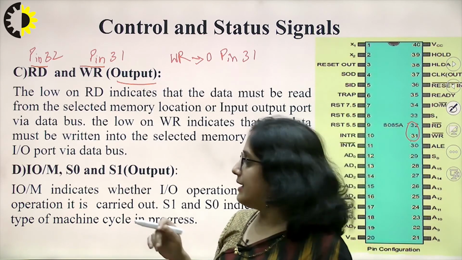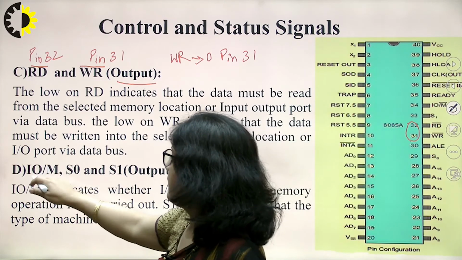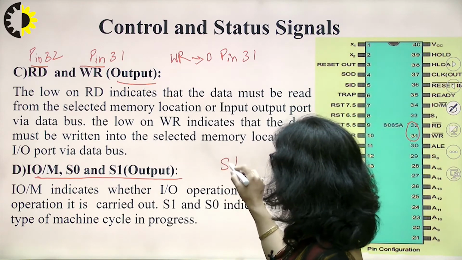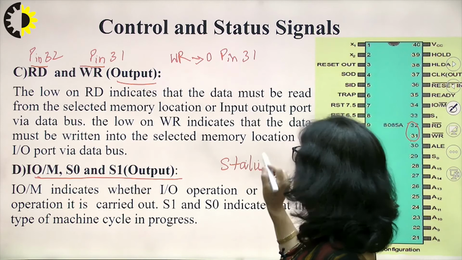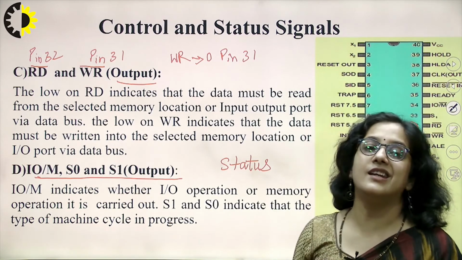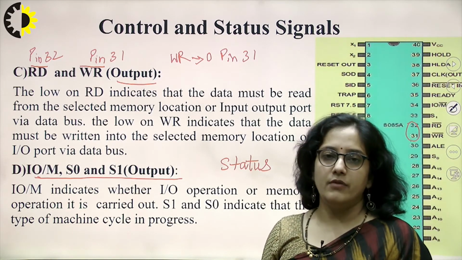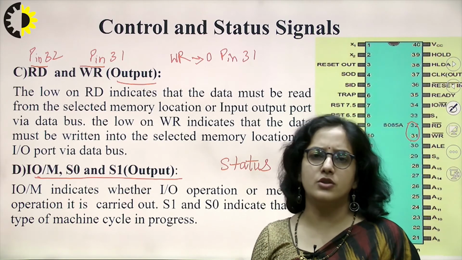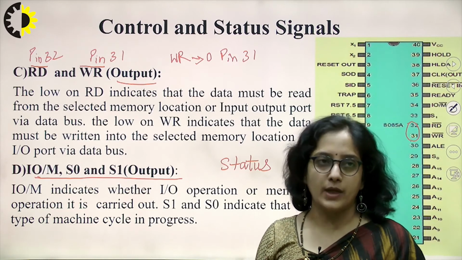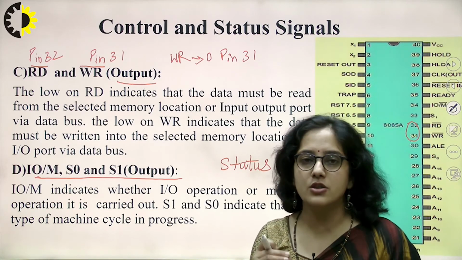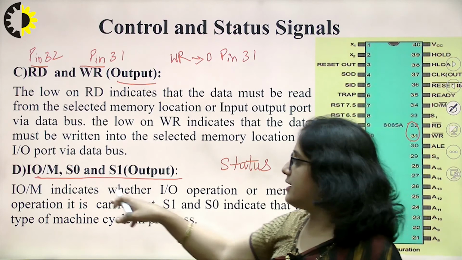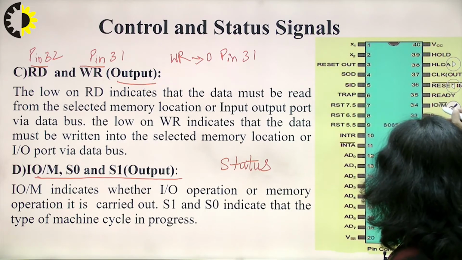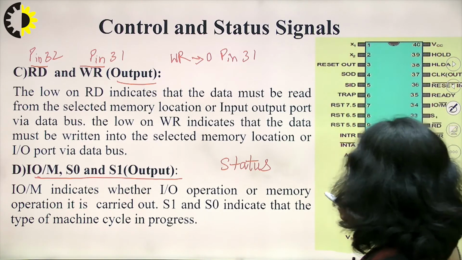Okay. Then, last, these three signals combinedly come under the heading of status signals. Whenever any user or programmer wants to know what the microprocessor is performing, what the status of the microprocessor is, we have to see these three signals. These three signals are at pins 34, 33 and 29.